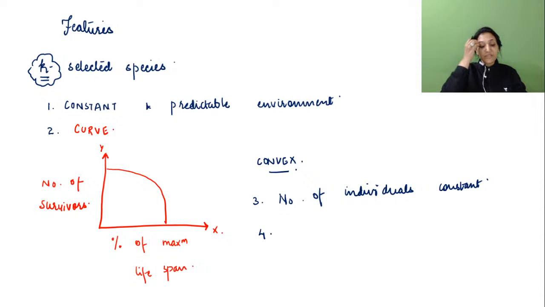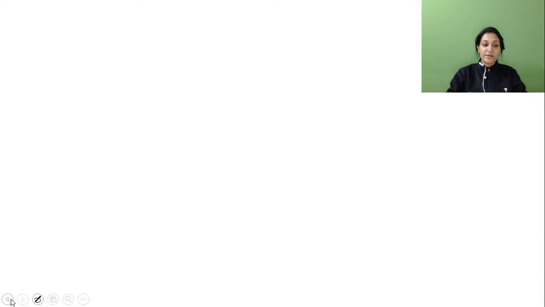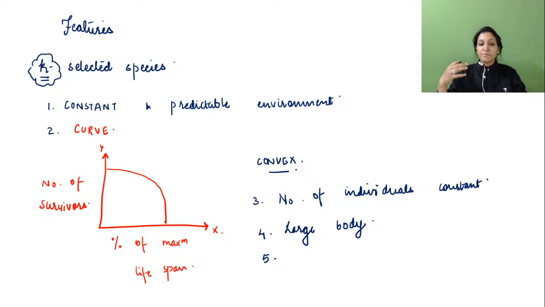After that, individual characteristics, if we are going to see, so they have large body size. Their body is large. Then their dispersal or their area of dominance or where they are living, that will be quite less.